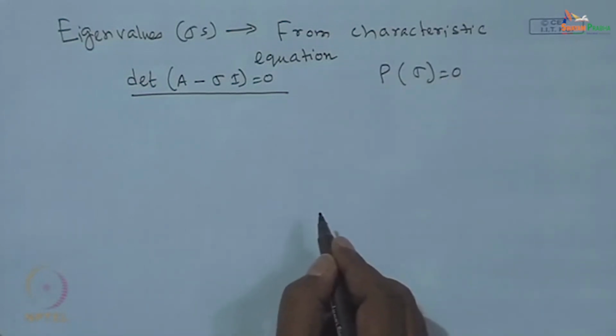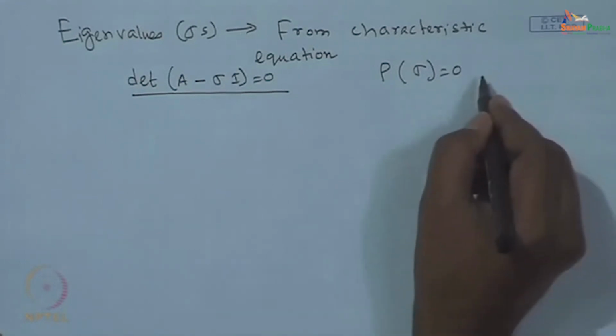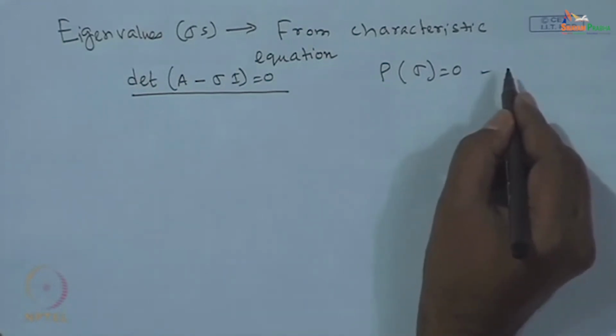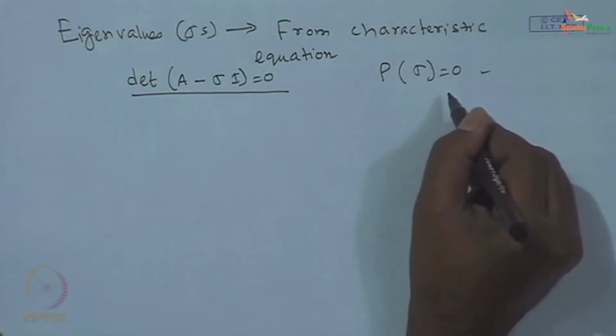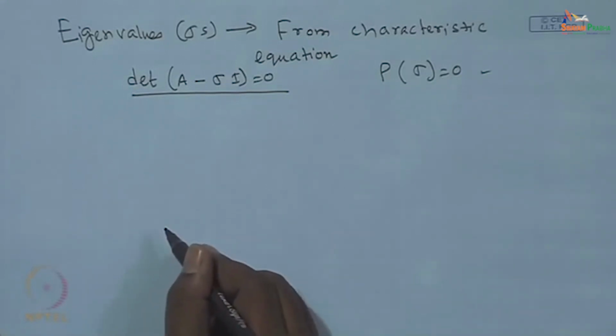If it is a 2 by 2 matrix, you will be getting 2 eigenvalues; a quadratic characteristic equation will land up with 2 roots. If it is a 5 by 5 matrix, then you will be getting a fifth order polynomial of the characteristic equation, and you will be getting 5 roots.